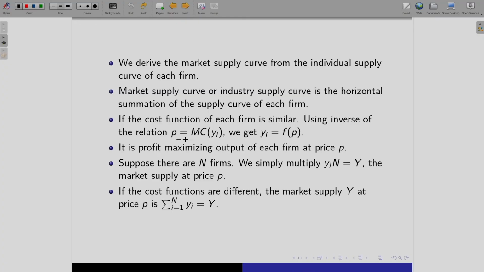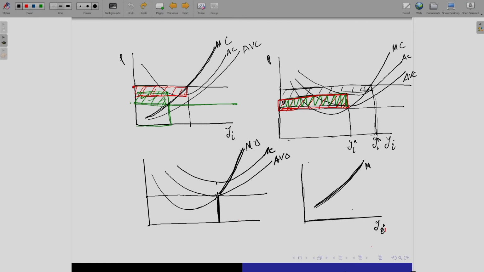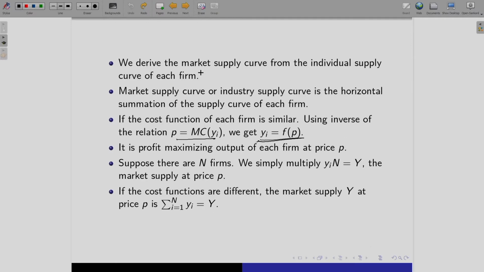Similarly here, at each price, how much each firm is supplying. So each firm, from this condition, we can get this, if we take the inverse of this. Okay, since this marginal cost curve is always increasing in this portion, we can always have the inverse, and from that inverse we will get this.